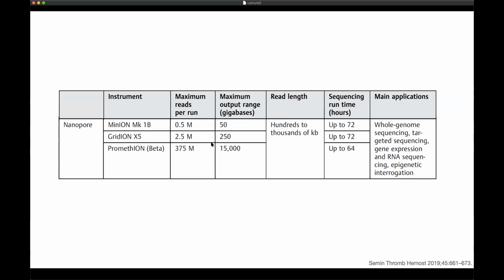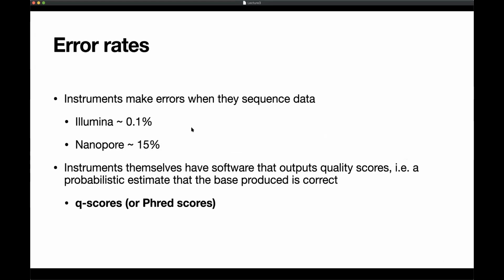They produce a smaller number of reads, but these reads are very long. So hundreds to thousands of kilobases, and they're actually quite cheap and easy to run. So a lot of the sequences that you see in public databases from SARS-CoV-2 have been generated using Nanopore.